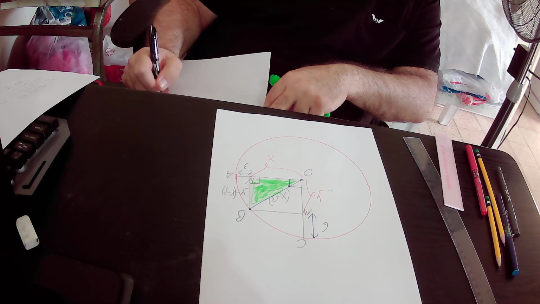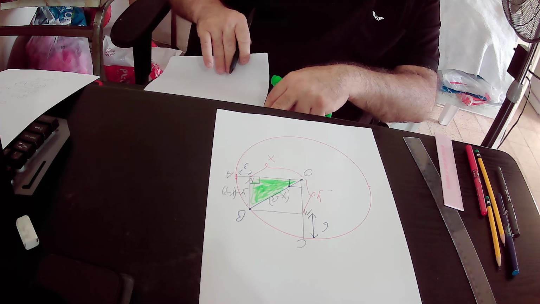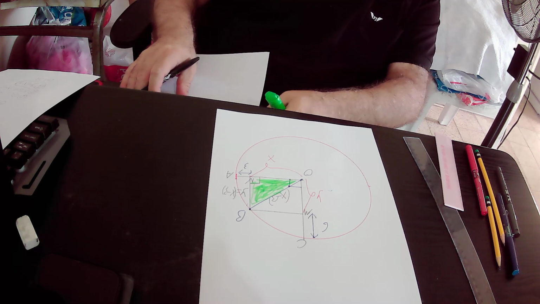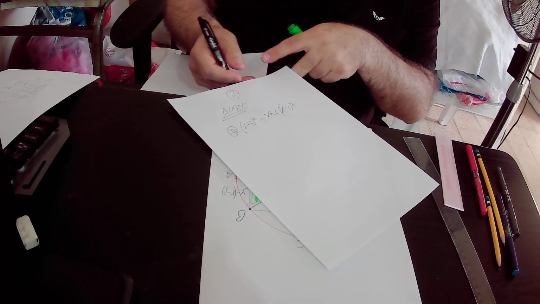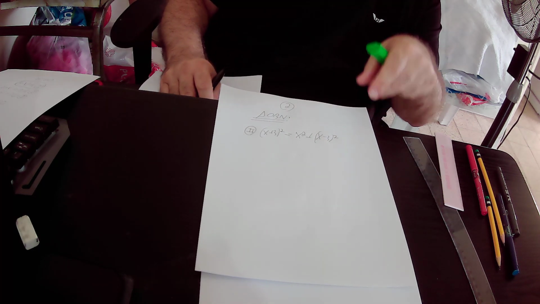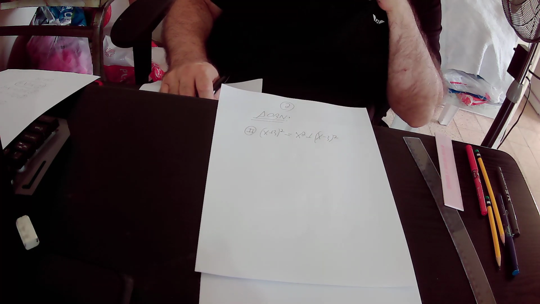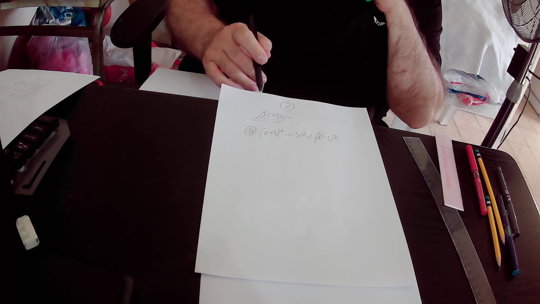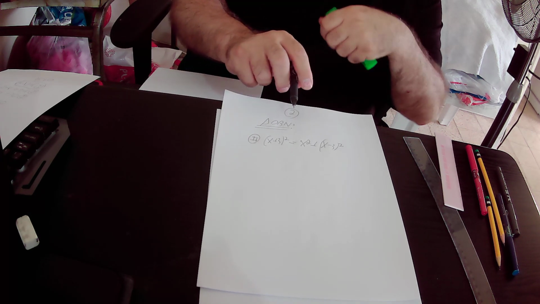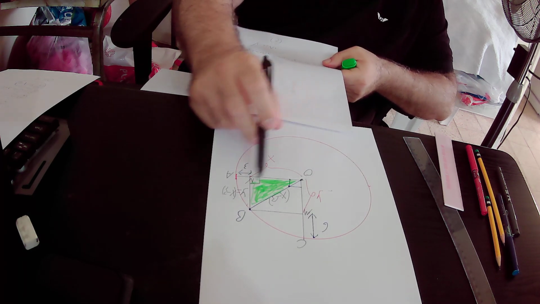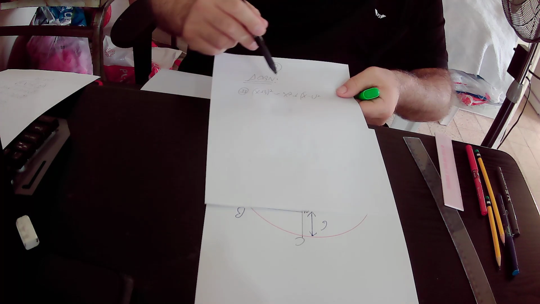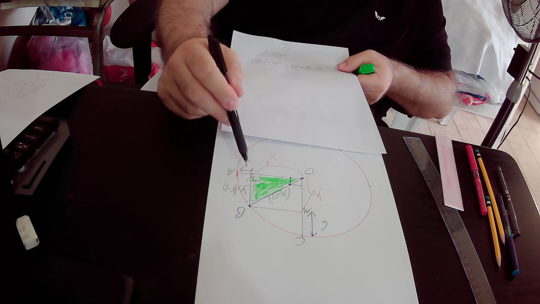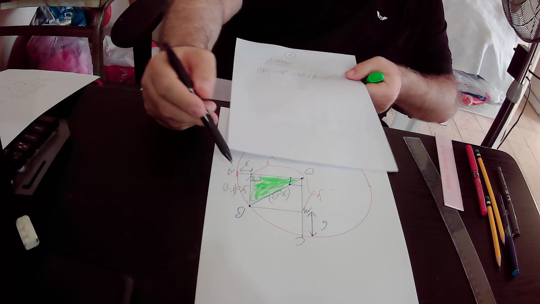Okay, so in the right triangle OBN, the square of the hypotenuse (x plus 3) squared equals the sum of the squares of the perpendiculars, x squared plus (x minus 3) squared.